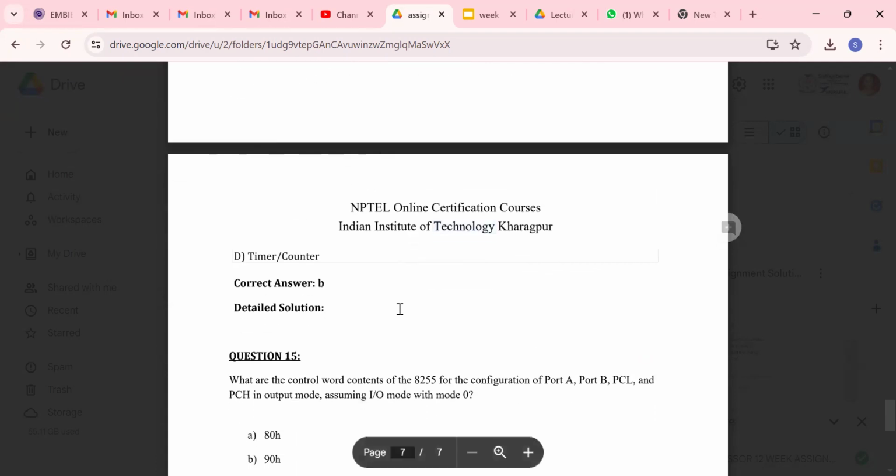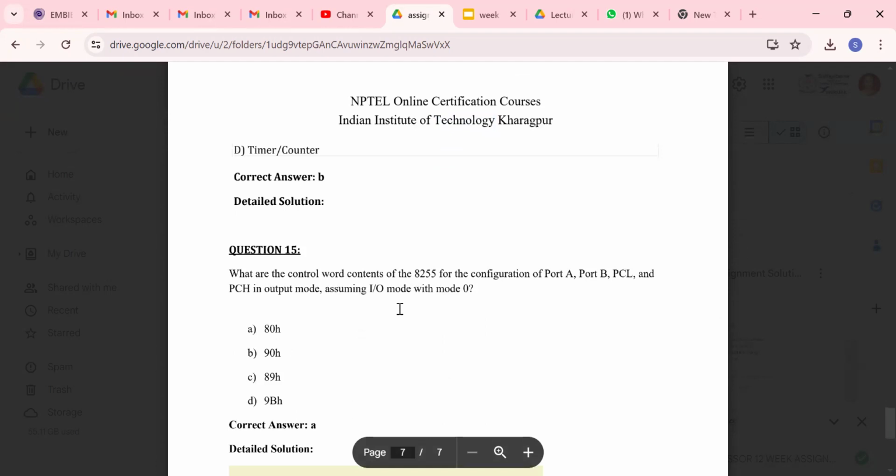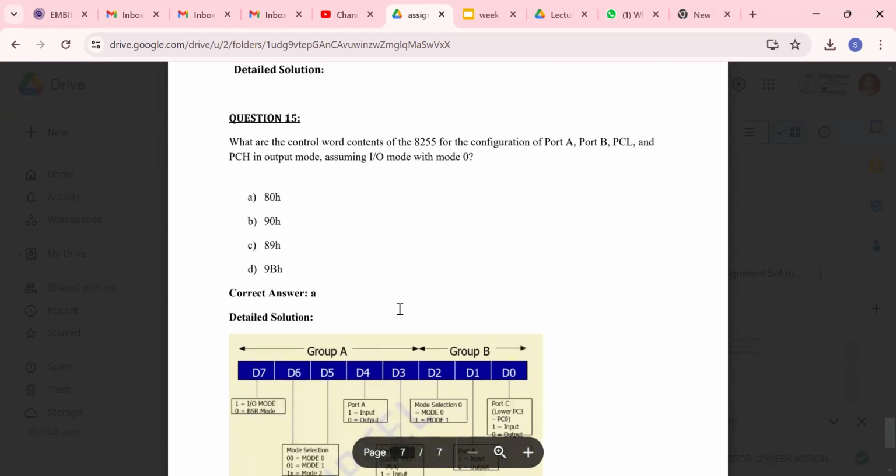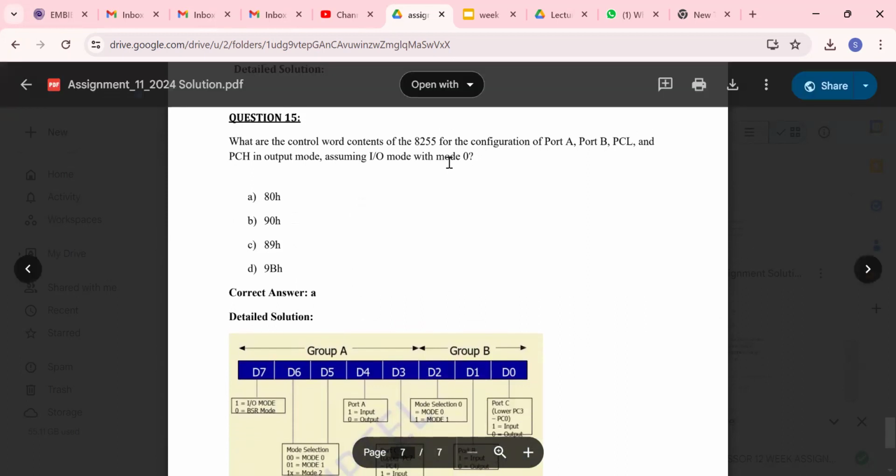What is the control word of 8255 to configure port A, port B, port C lower and port C upper in output mode? I think this 15th question is very important, and in BSR mode we have seen one question. That is more important. So for that you have to know this control word, then only it is easy for you to activate. Okay, so they said mode 0. Okay, you all understand D7 is 1. Okay, mode 0, so D6 and D5 are 0, 0.